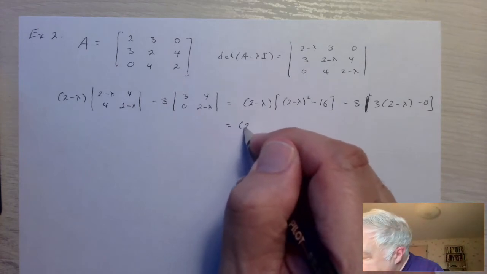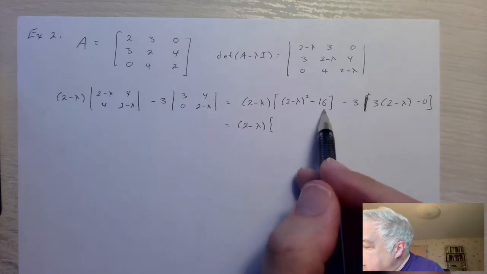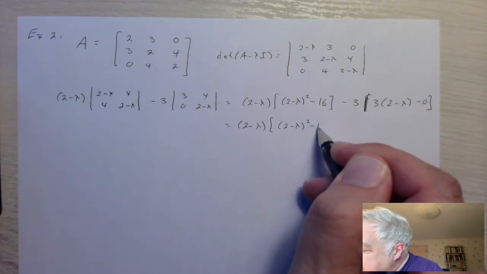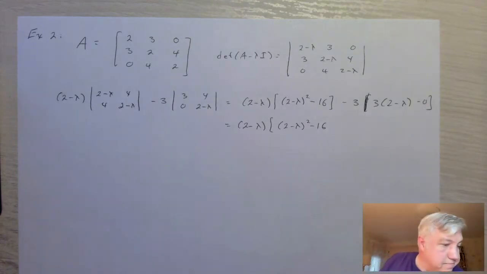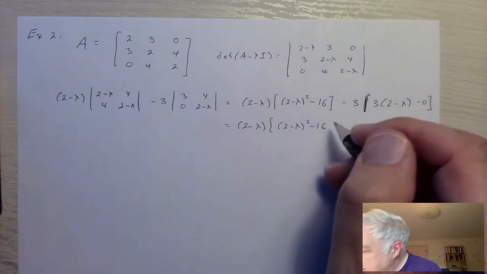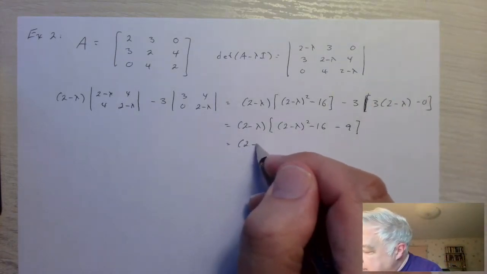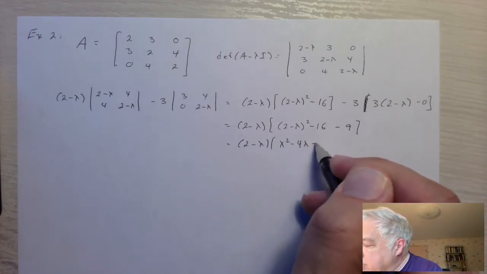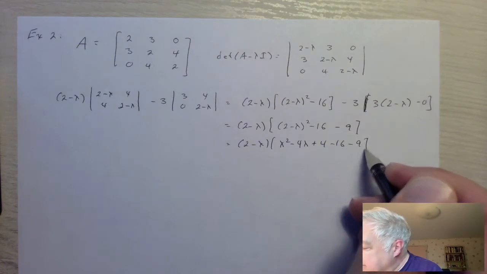So we can write 2 minus lambda times (2 minus lambda) squared minus 16, and then we have minus 9. But this is 2 minus lambda times lambda squared minus 4 lambda plus 4 minus 16 minus 9.